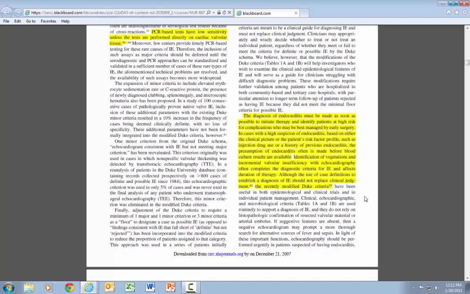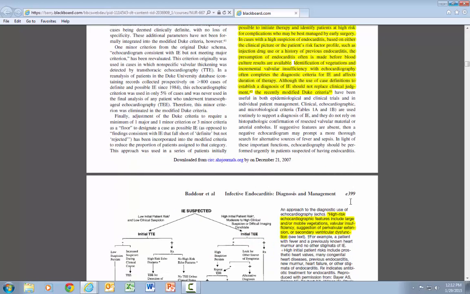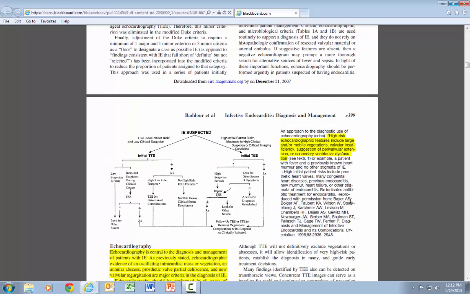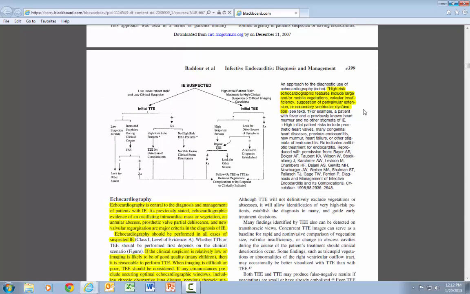If you really have a high suspicion due to clinical symptoms and you are guiding yourself through the Duke's criteria, go ahead and start treatment. Again, I highlighted here high risk echocardiographic features include large mobile vegetations, don't forget that, valvular insufficiency, or any perivalvular extension secondary to ventricular dysfunction.